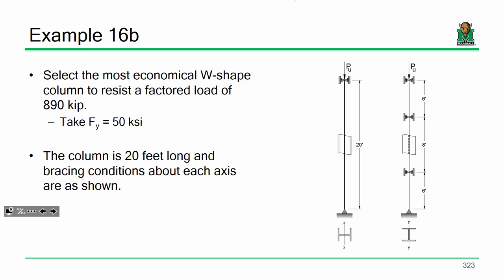On 16a they were the same. So on 16a, because they were the same, those sections that I picked, I know they all work. For 16b, that's not the case. Each one of those, section 1, section 2, section 3, they are all trials, and I'm going to have to validate every single one of them. Okay? Sound good? All right.